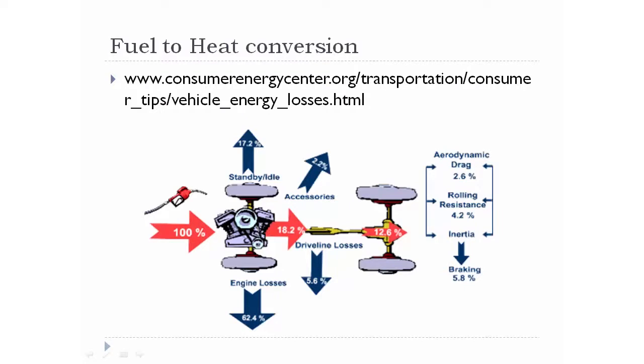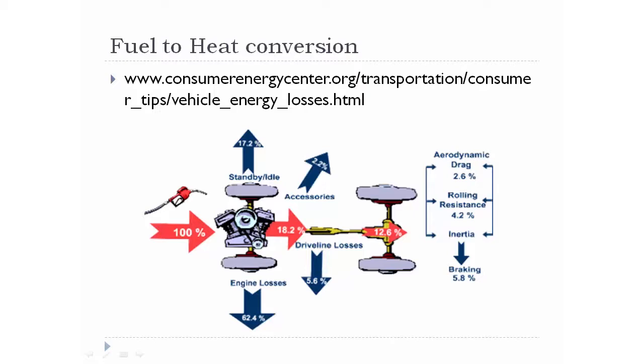Okay, if you look at the slide, you can see the conversion from our fuel to kinetic energy inside of our car. At the beginning we have 100%, but because of engine efficiency, only around 18% is converted to kinetic energy.